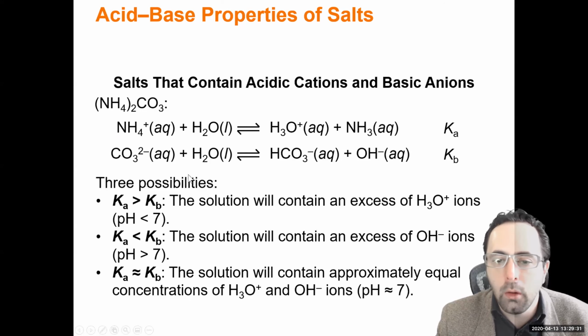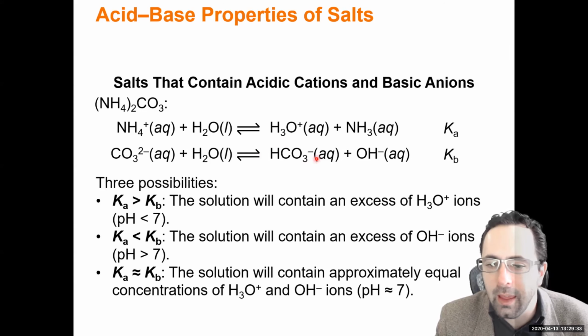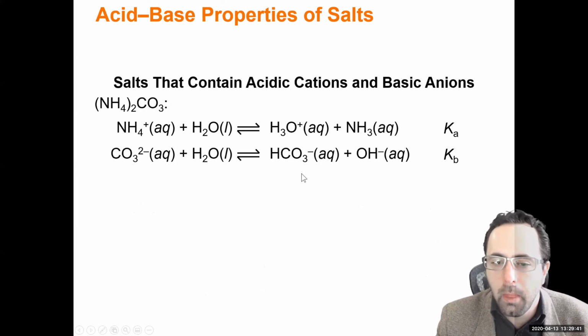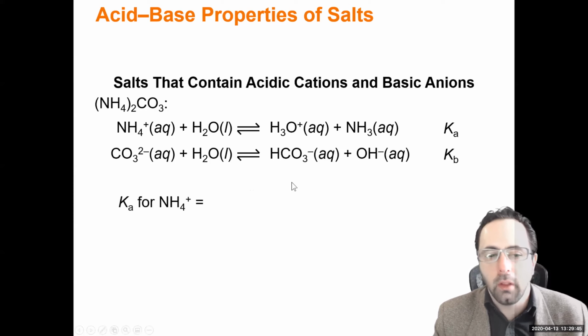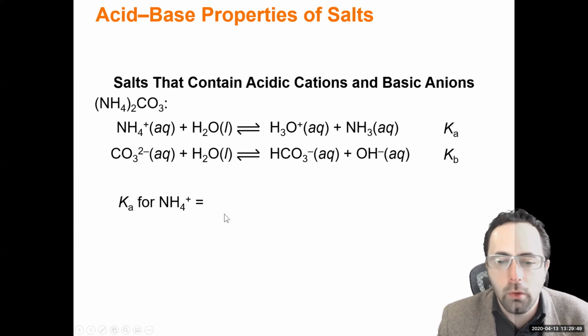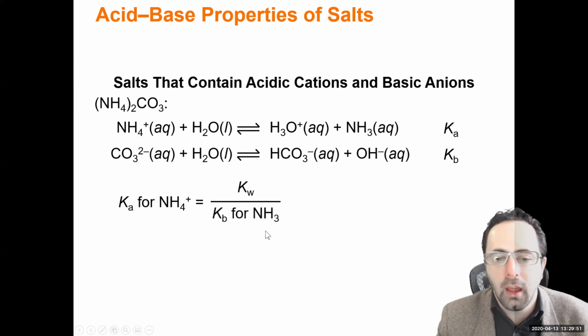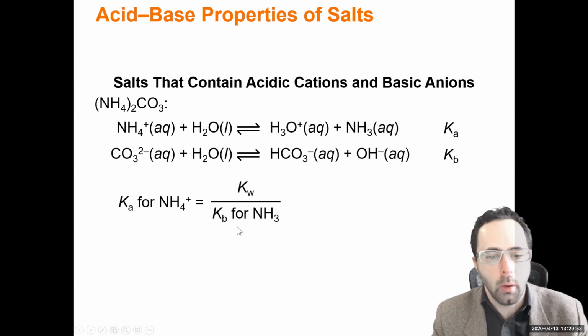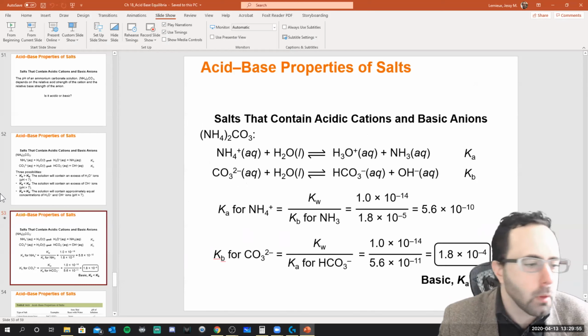What we need to do is find the Ka for bicarbonate, and this is actually the Ka2 of carbonic acid. And so the Ka for ammonium ion is going to be Kw over the Kb for ammonia. And what I want to do now is show you where we'd get the Kb for ammonia.